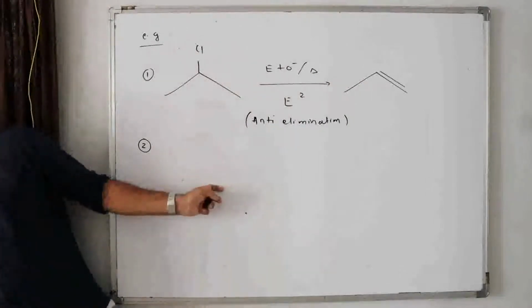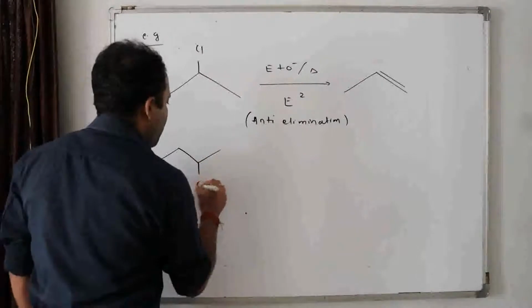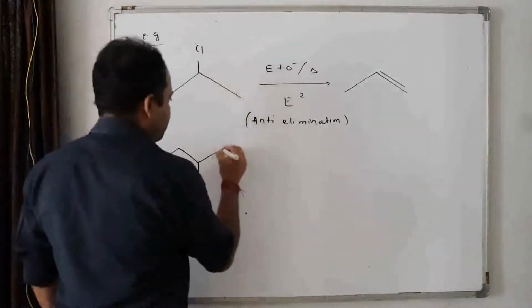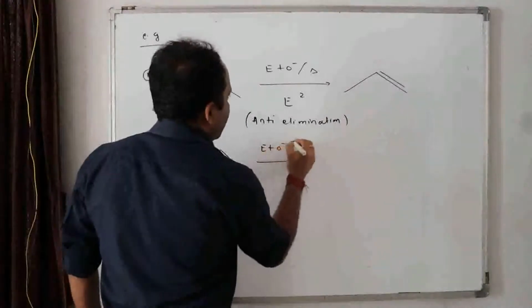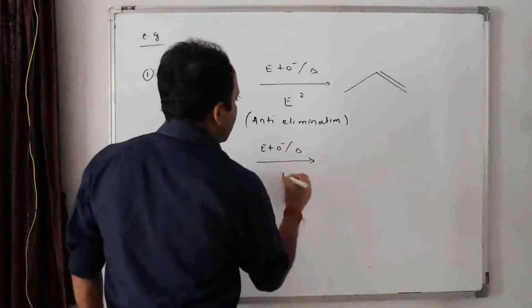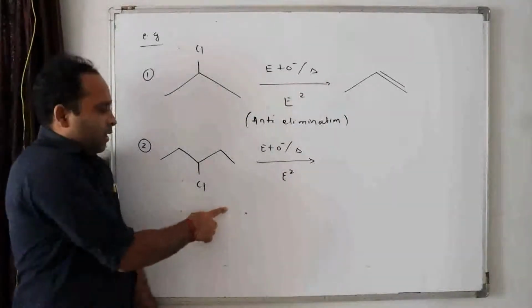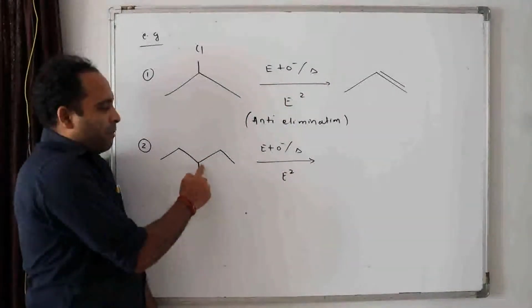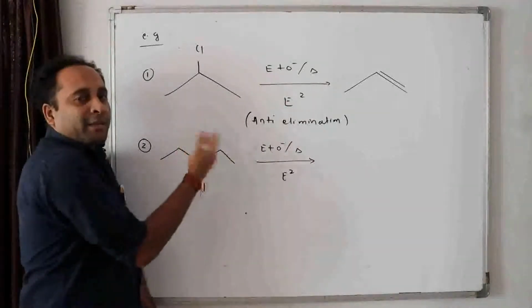The next question is with EtO minus, heated, E2. Achha, if it is an E1 reaction, then after this chlorine removal there will be a plus here, this plus shifts here, because it will have a carbocation and the carbocation is rearranged.